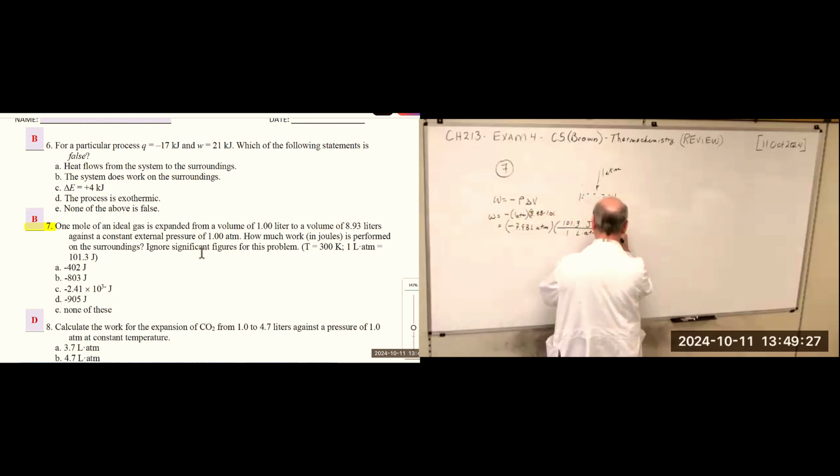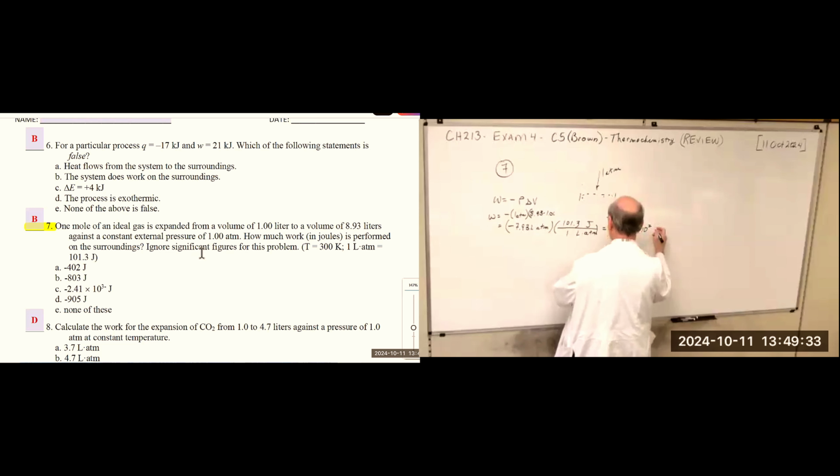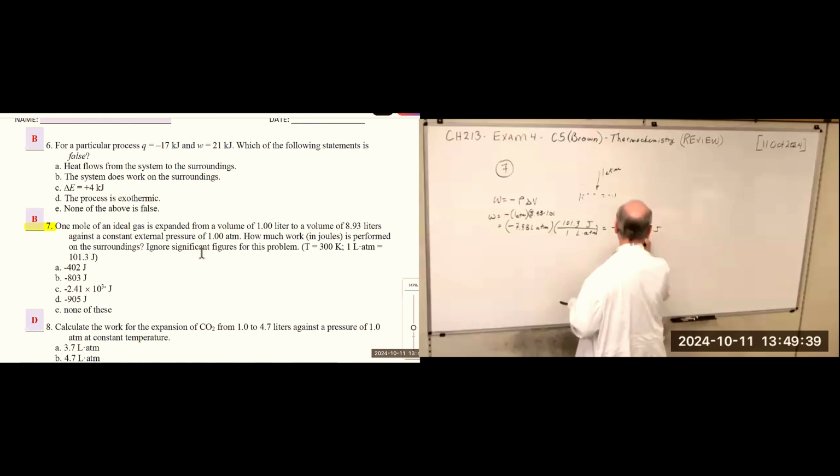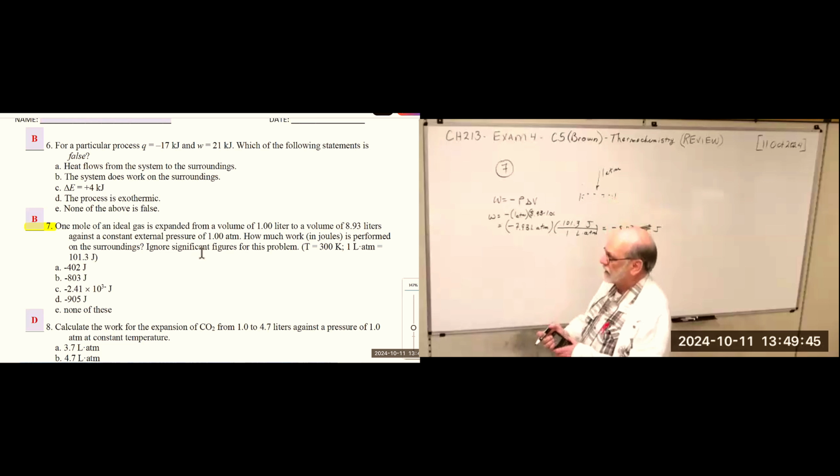And I get negative 8.03 times 10 squared joules. Now, if we're paying attention to the sign, it should be negative.